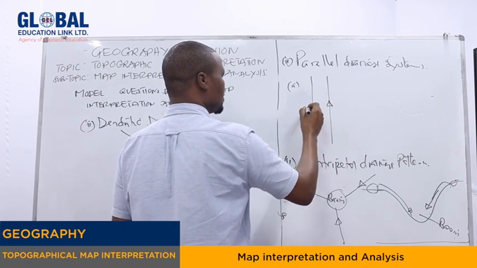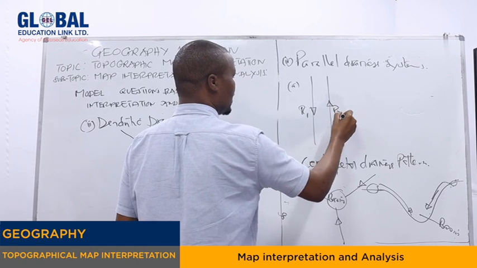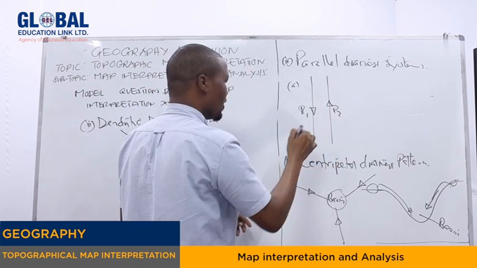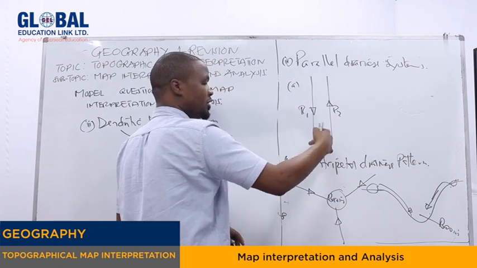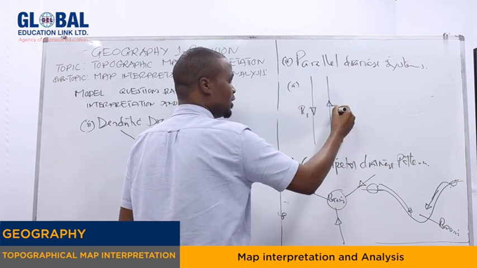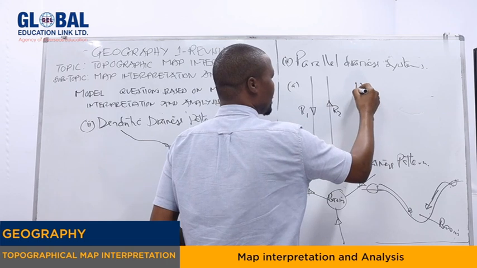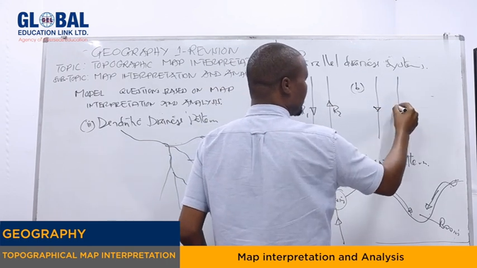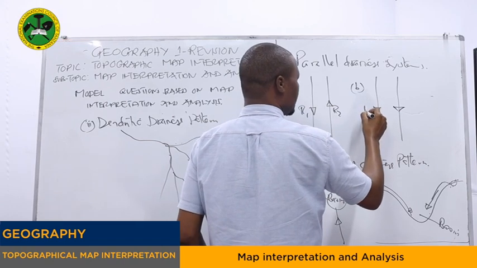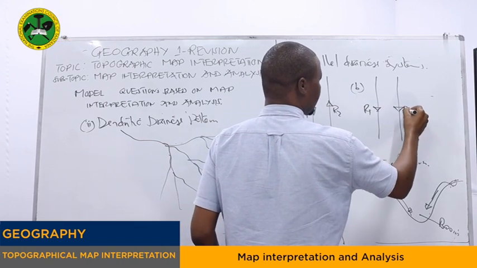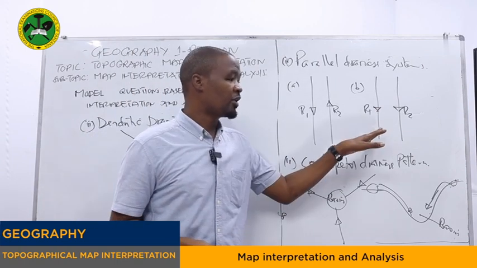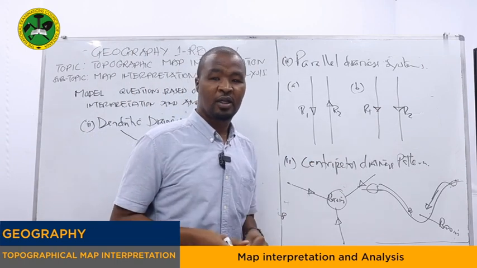You see, this is river 1, this is river 2. You may find parallel flowing rivers in different directions: this one is flowing towards this direction, while river 2 is flowing towards this direction. Or they may be parallel in the same direction, for instance, the one we find at the river capturing area. You see, they are flowing towards the same direction, but they are in a parallel situation.